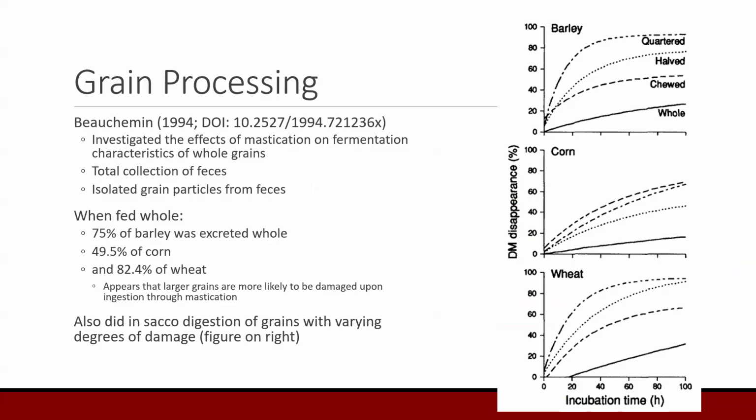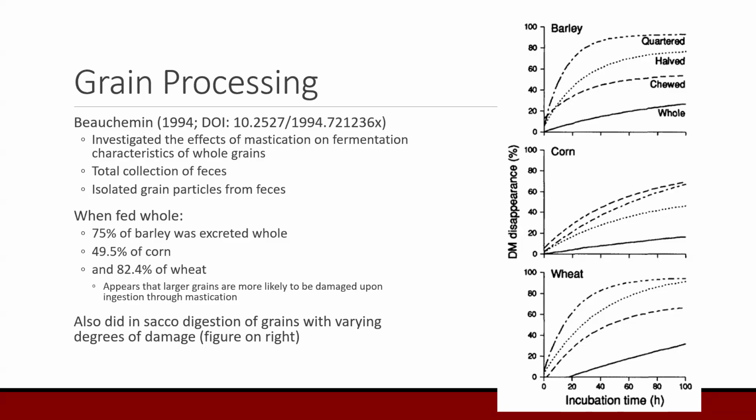When fed whole, 75% of barley was excreted whole. That should make sense because it's a very small grain with a relatively hard pericarp. 49.5% of corn was unmasticated, so they were able to more effectively masticate corn.